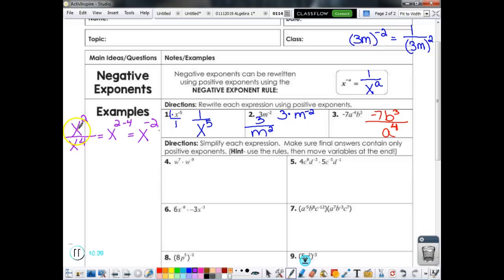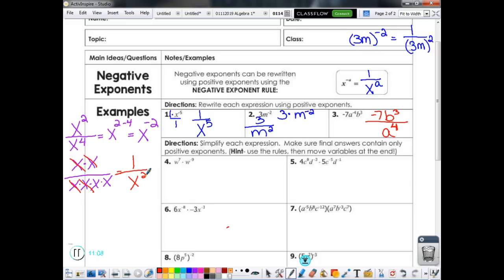If I expand this out, x times x, and then x times x times x times x, I have to cancel out x divided by x. So this cancels out and this cancels out. So I'm left with 2 x's on the bottom. Does that make sense? So this is 1 over x squared.